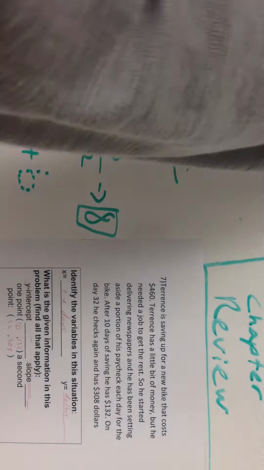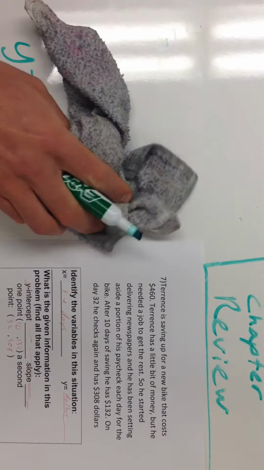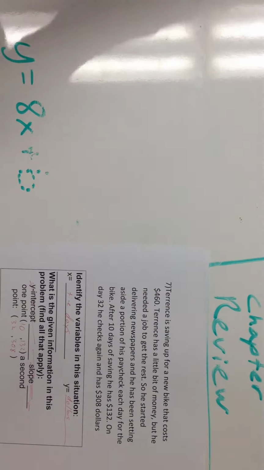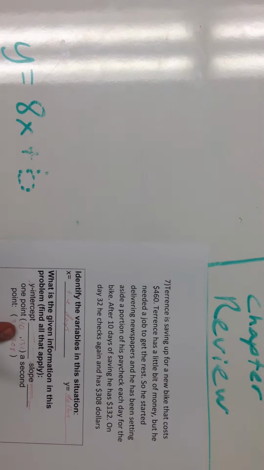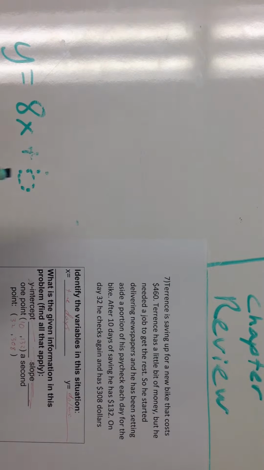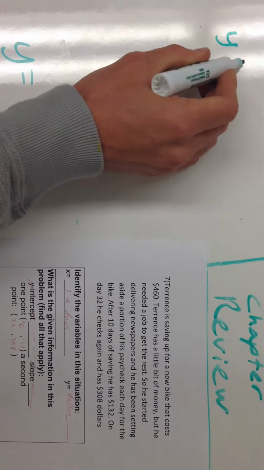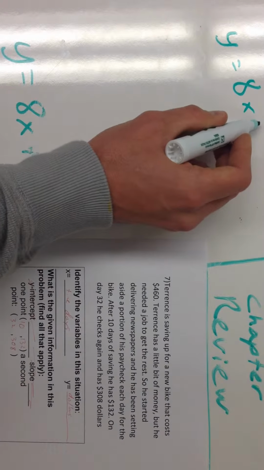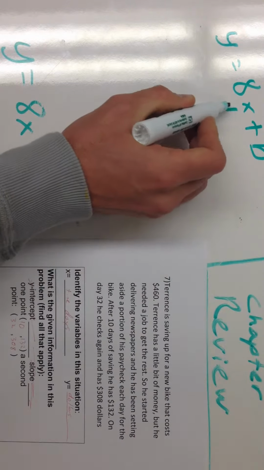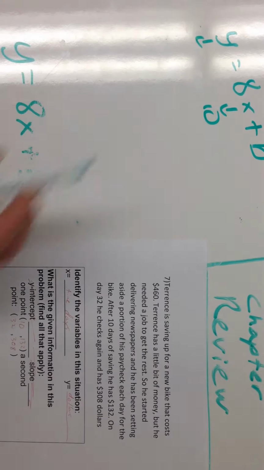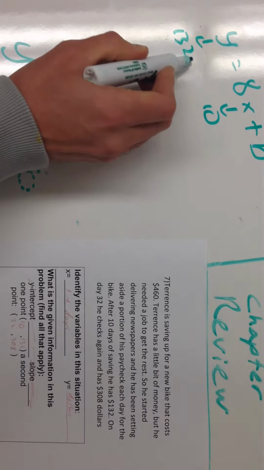Okay. So let's see if we can figure it out. I'm going to take either one of my points. I'll just choose the one with the smaller numbers, 132, and I'm going to plug it in. 10 is my x value, so right now it's y equals 8x plus b. The 10 was my x value, and the 132 is my y value.